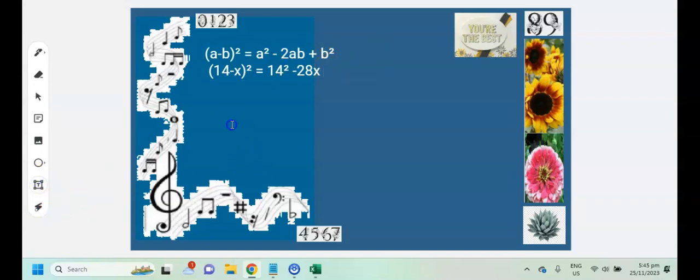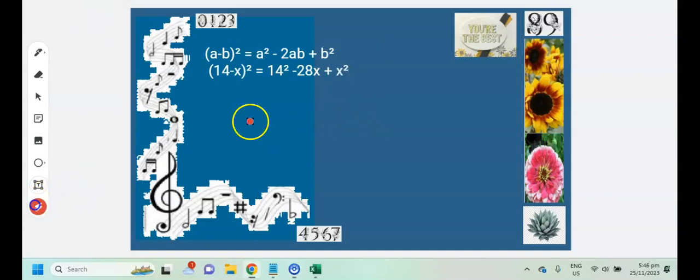Okay, negative x times negative x. That would be a positive x squared. Okay, so ang third term will always be a positive term. Alright, so i-square na to ang negative x, mahimong positive x squared.